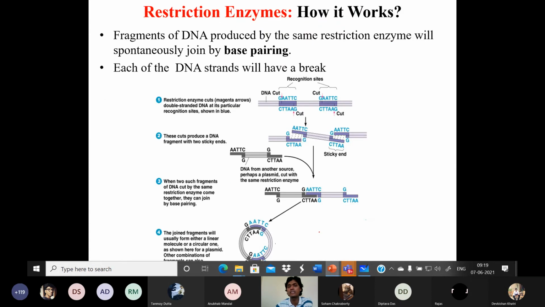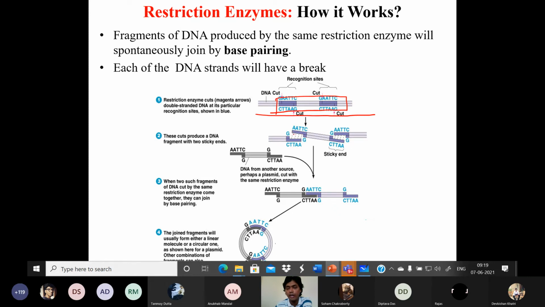On the next slide, you can see a little example of how it works. For example, this is one segment of DNA, and this portion you are interested in. So what will you do? You have to cut this portion through some restriction enzyme. When you cut DNA with a restriction enzyme, you will get this kind of sequence.